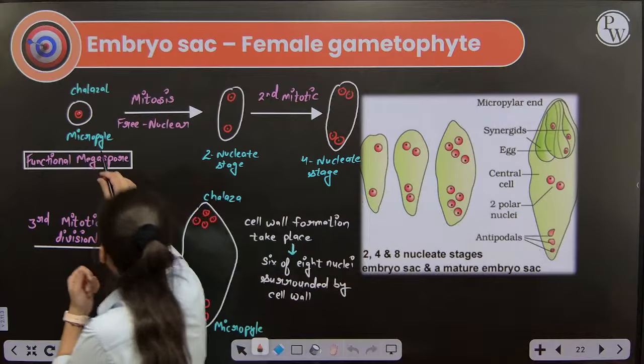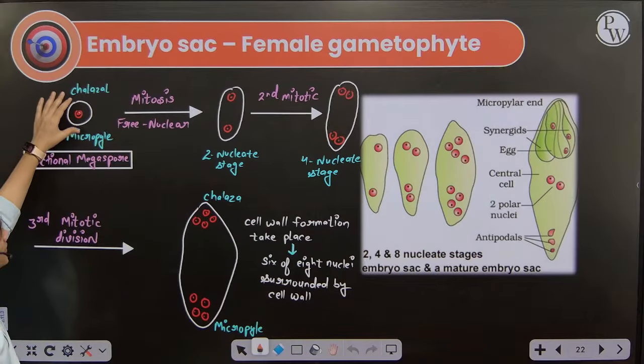See, functional megaspore, micropyle, chalazal.